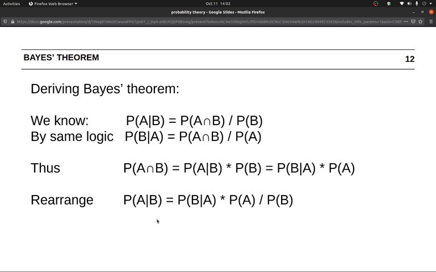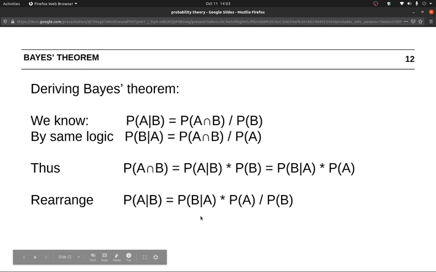This is also known as posterior probability, or probability afterwards, of A happening after B has happened. Bayes' theorem converts posterior probabilities into prior probabilities given some evidence.